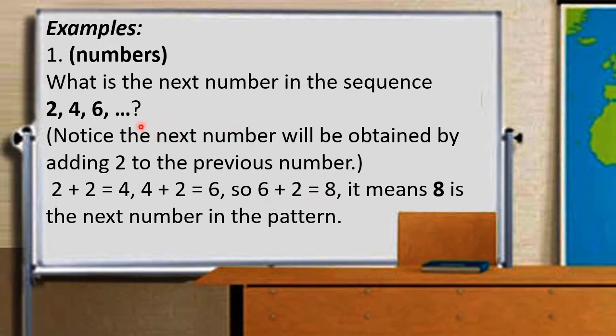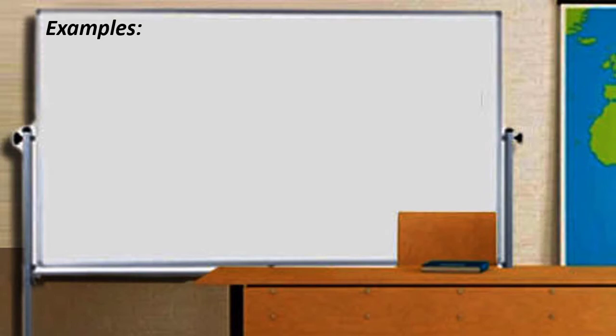Then, para makuha natin yung pang fifth term, mag-a-add tayo ng 2 kay 8. So, it means 8 plus 2 equals 10. So, ganun lang lagi. Nag-a-add ka lang ng 2 para makuha mo yung kasunod na term. Let's have our second example of sequence.